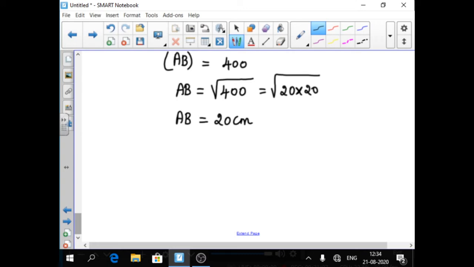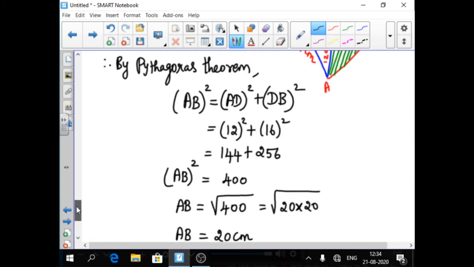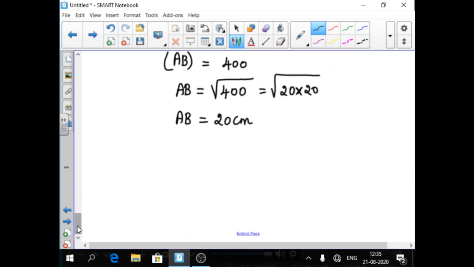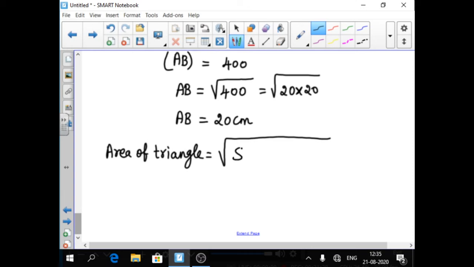Now we are going to find the area of the smaller triangle ABD. So what is that formula? Area of triangle is equal to root of S into S minus A into S minus B into S minus C. So what is S?